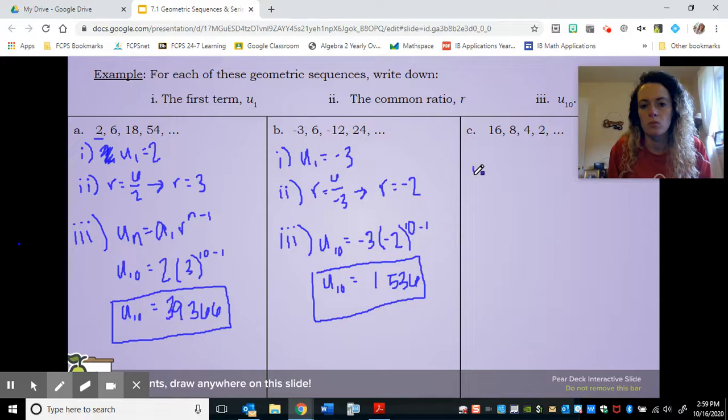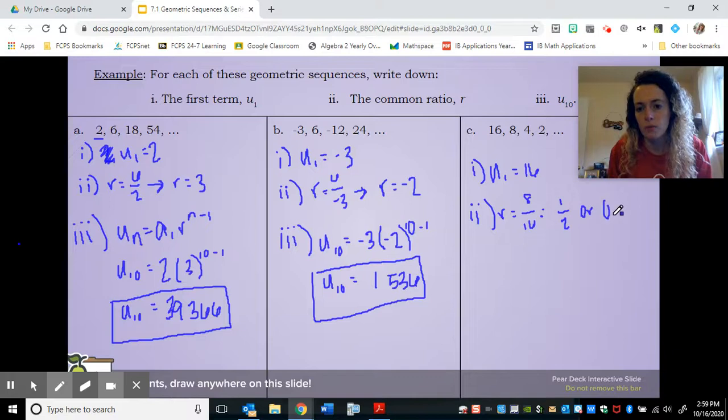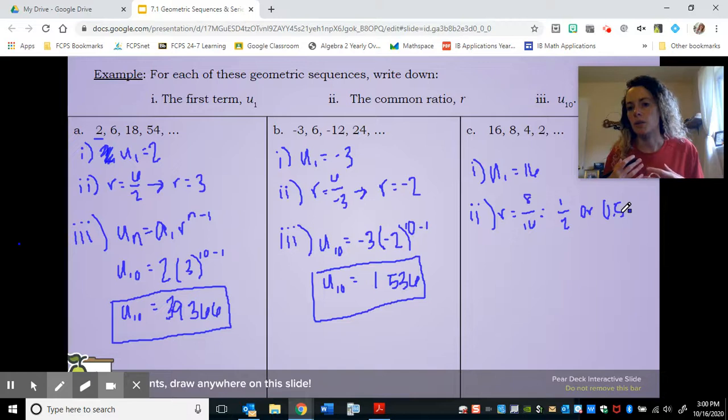Finally, part C, my first term equaling 16. My common ratio, if I keep up the same thing, dividing second term by first term, I get either, and this is your choice, either 1/2 or 0.5. Doesn't matter which way you leave it, fraction or decimal form. If it's a decimal like this, where it is a terminating decimal, it's fine either way.